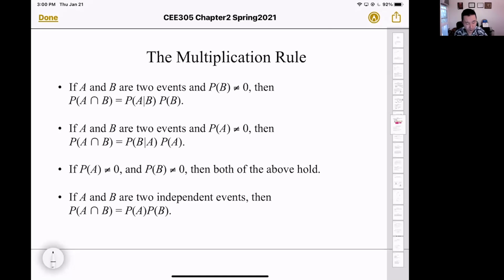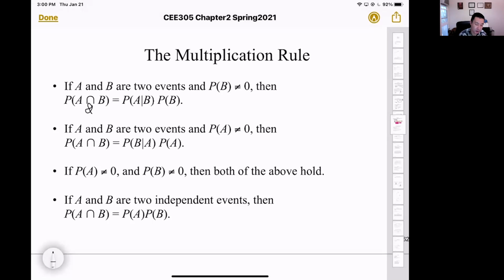Okay, so multiplication rules. If A and B are two events and P(B) is not equal to 0, then P(A and B) is equal to P(A given B) times P(B). Again, given is the vertical line. This is equal to what we just learned for the conditional probability: P(A given B) is equal to P(A and B) over P(B).